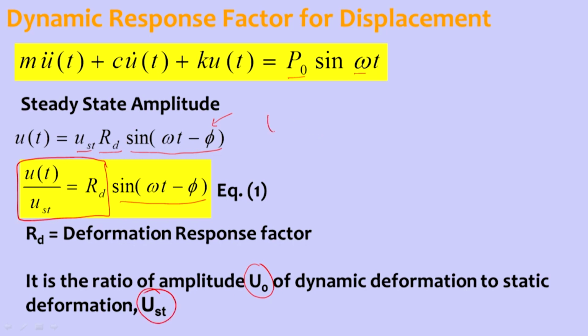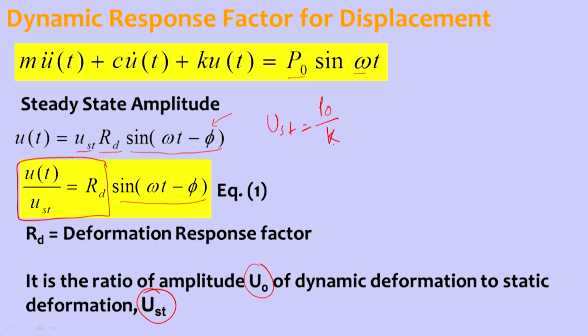We know that static deformation can be found from the amplitude of the load divided by stiffness. Is the dynamic deformation more than the static deformation, or less? What are the cases which increase or decrease this dynamic deformation compared to static deformation? We will try to understand.